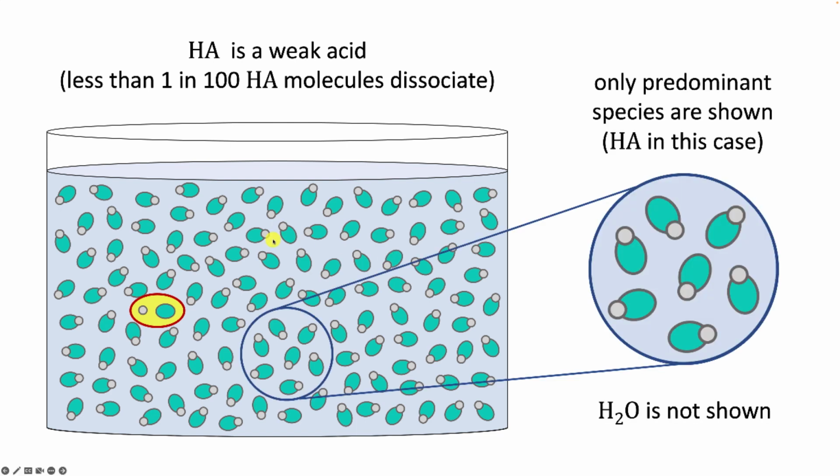If we were to look at a small piece of this solution, we'd largely see, maybe only see, undissociated HA molecules. So for most of the representations, we'll be just showing the predominant species, the things that are in high concentration. In this case, it's HA. We also won't be showing water, which is sort of depicted by this light blue background.